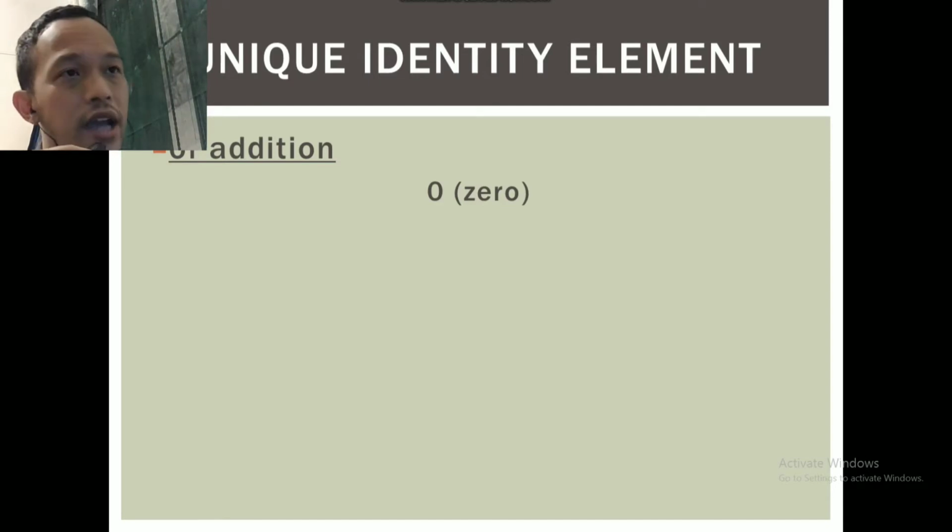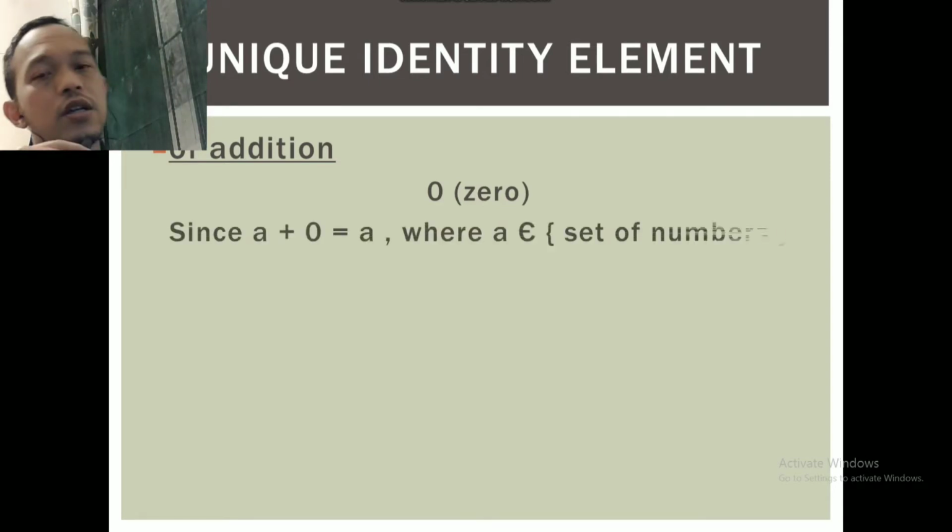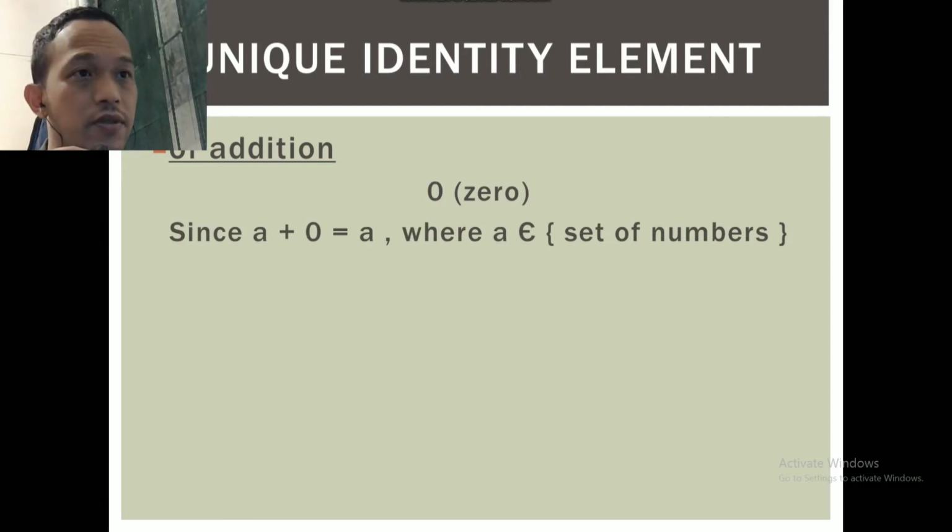Why? Because if I add zero to any number from any set of numbers, it will be the number itself. That's why the unique identity element of addition is zero.